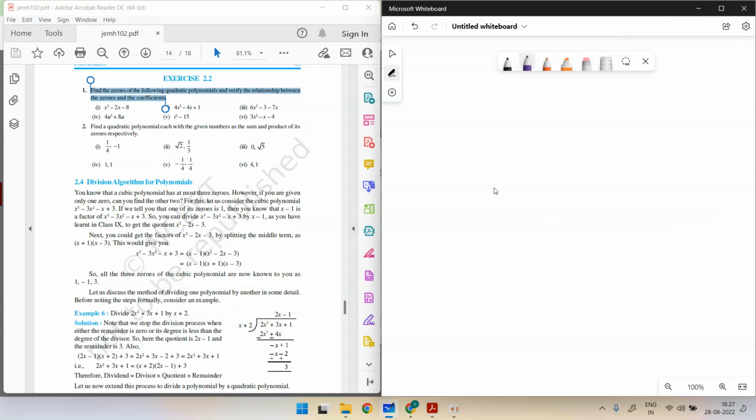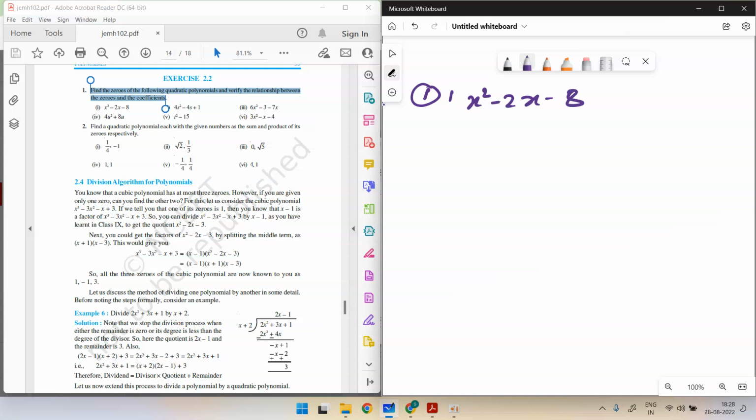Now, from question number 1, the first part is x square minus 2x minus 8. How to find the zeros?